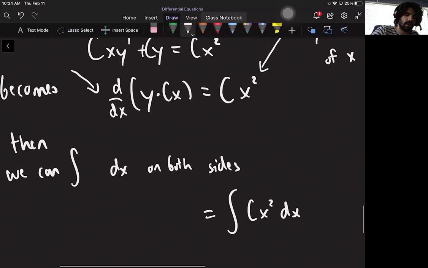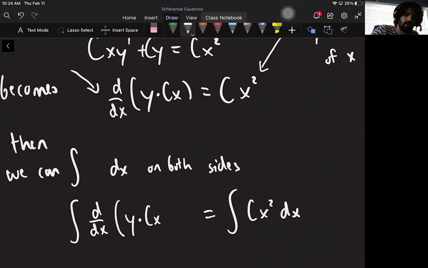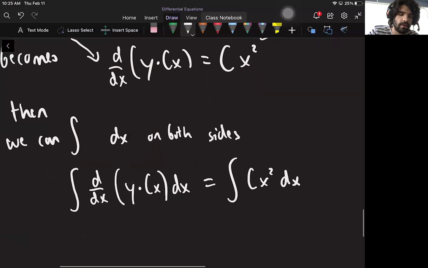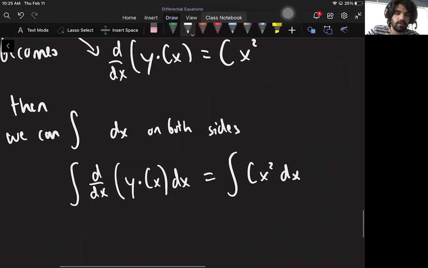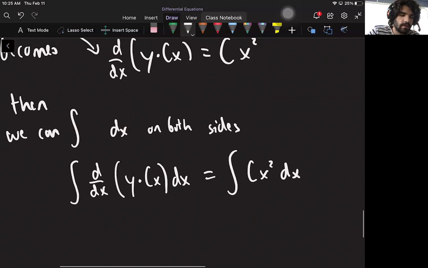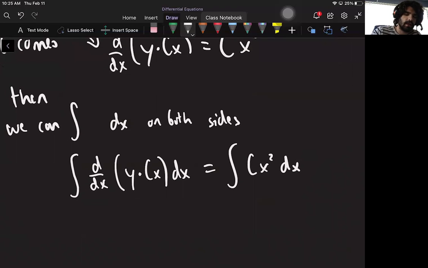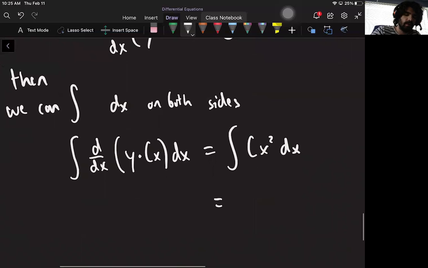But on the left side, I have to remember that integrals and derivatives are sort of opposites of each other. They undo each other. And that comes from the fundamental theorem of calculus, which I'm not going to review, because all I need right now is to say that on the left side, we can think of the derivative and the integral as sort of canceling.